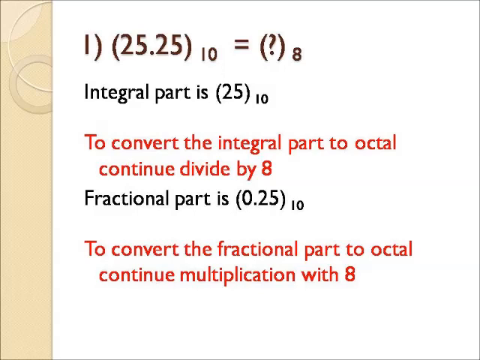As we know, the integral part is 25, so we have to convert the integral part to octal by continuous division by 8. And the fractional part is 0.25, so to convert the fractional part to octal, we have to do continuous multiplication with 8.